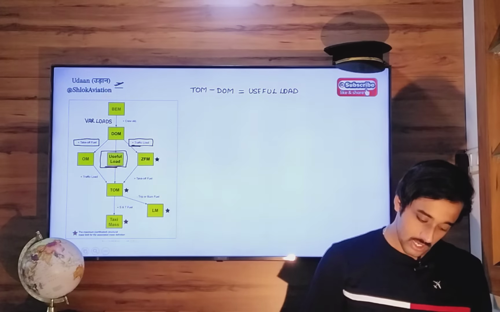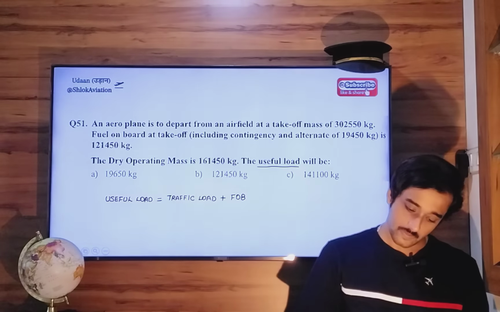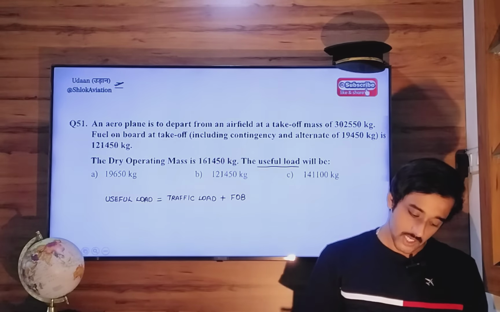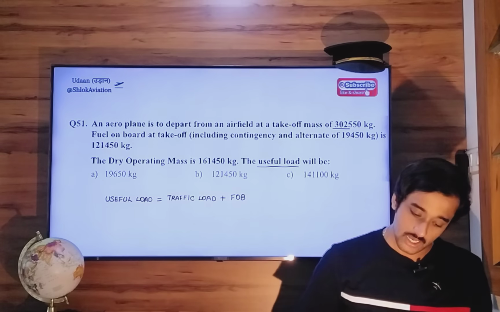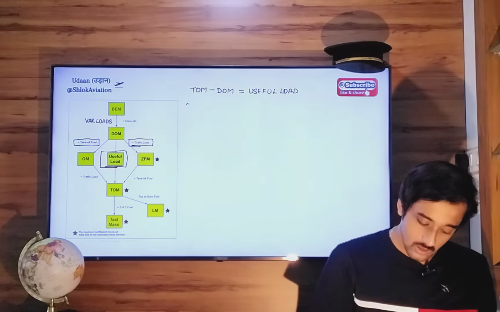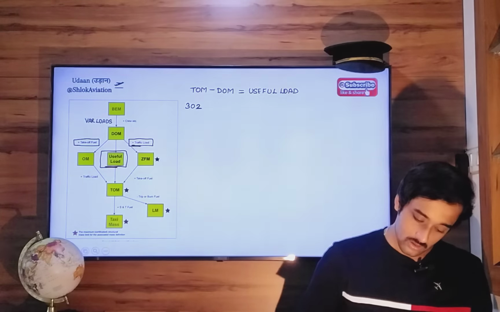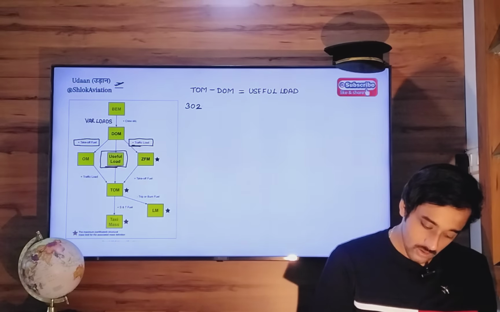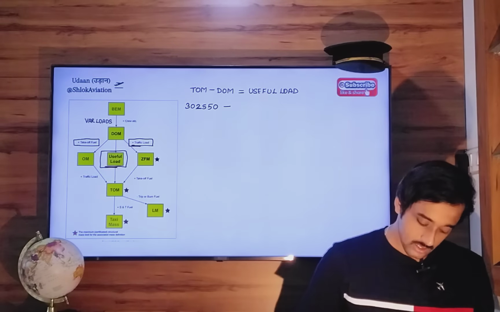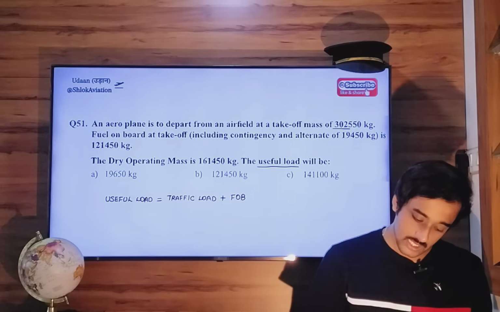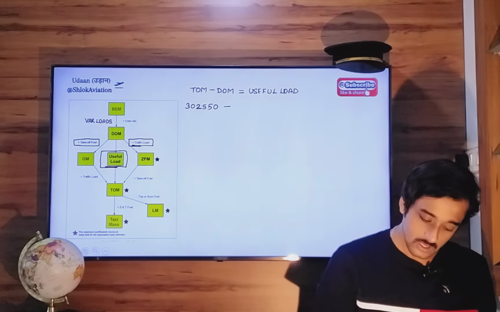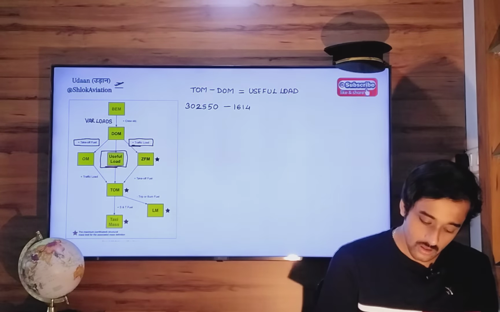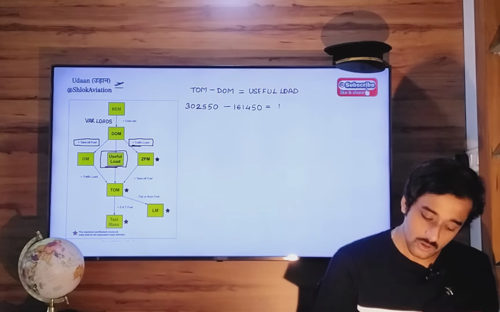Okay? So takeoff mass. What is takeoff mass here? It is this much, 302,550. Dry operating mass is 161,450. So that is equal to useful load.